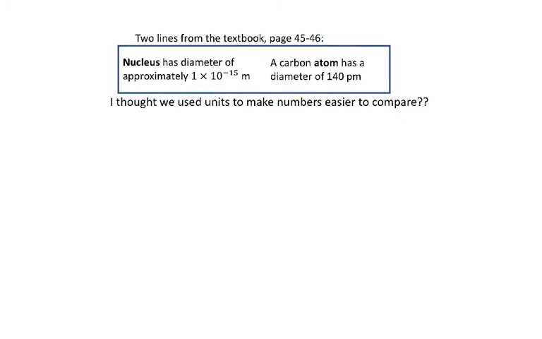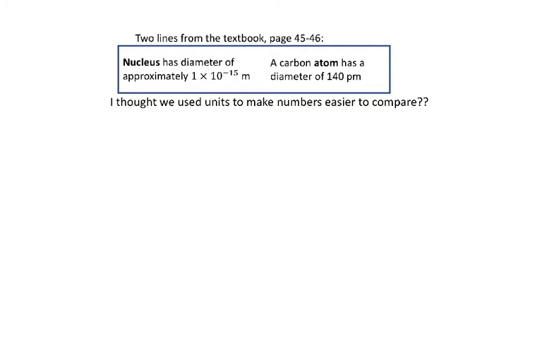Okay, I thought that we used units to make numbers comparable, right? And with these two numbers, we cannot compare them. We know that a nucleus is small relative to an atom, but do you have a good concept of what a picometer is or how small, or what all this means? Probably not.